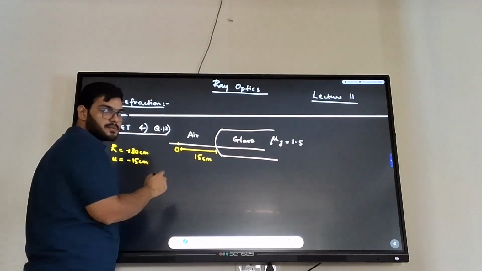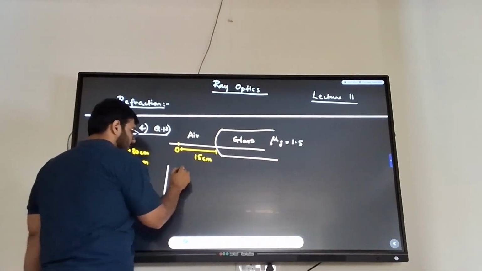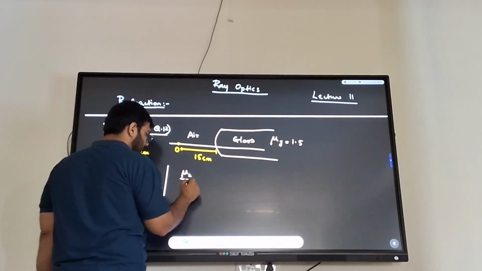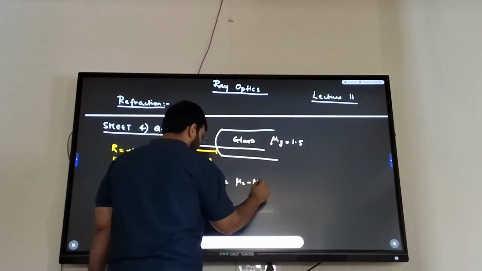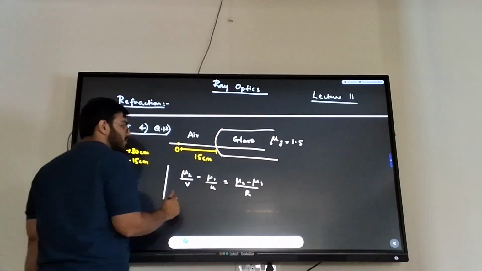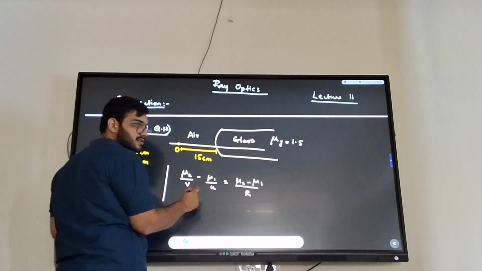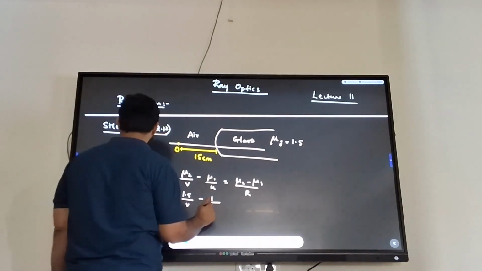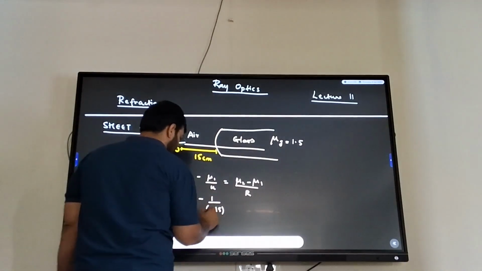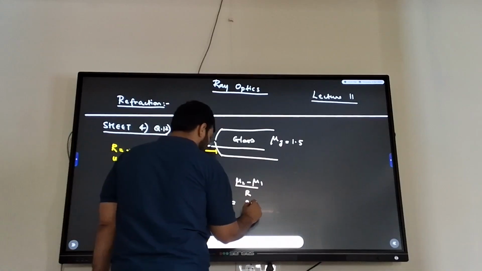So what formula to apply? Mu2 by V minus mu1 by U, that's equal to mu2 minus mu1 by R. Now what is mu2? That's glass, right? So 1.5 divided by V minus 1 divided by what is U? Minus 15. 0.5 divided by R is what? 30.